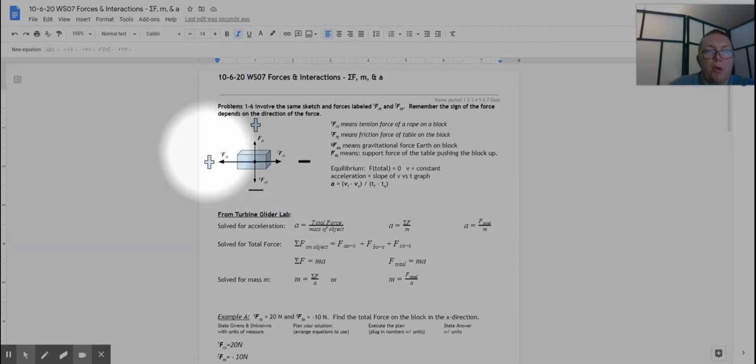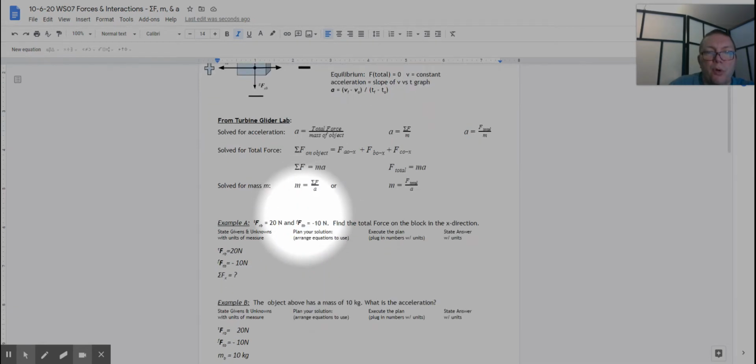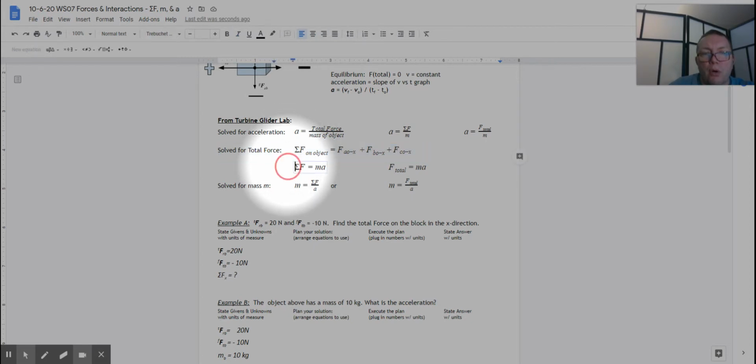So up here, this force is 20 newtons, this force is 10 newtons, and it's in the negative direction. Of these relationships to find total force, we really have these two options, this row or that row.